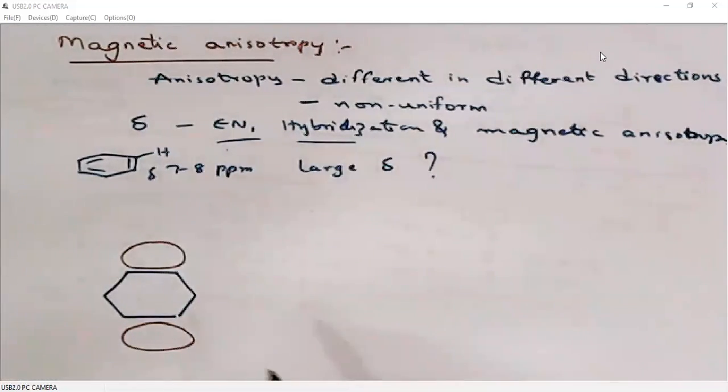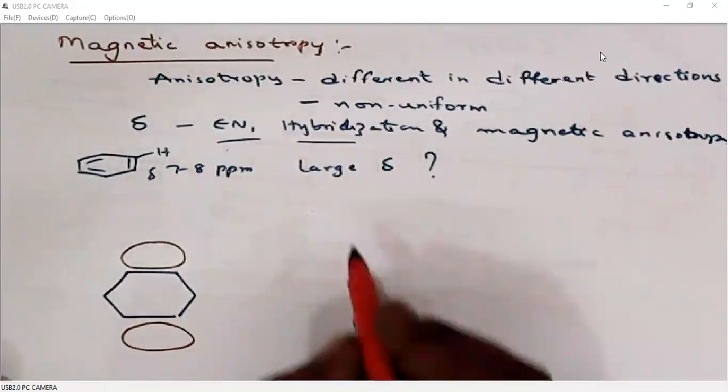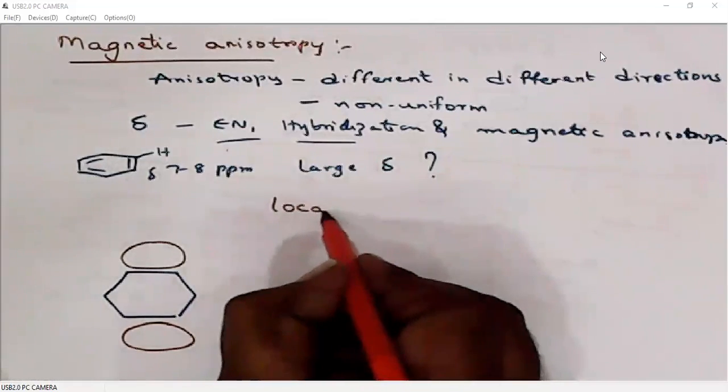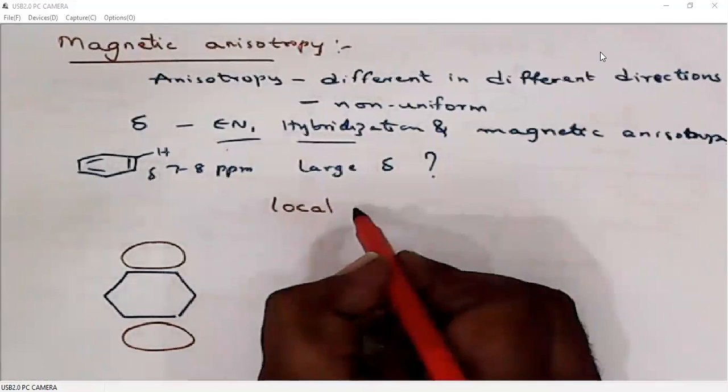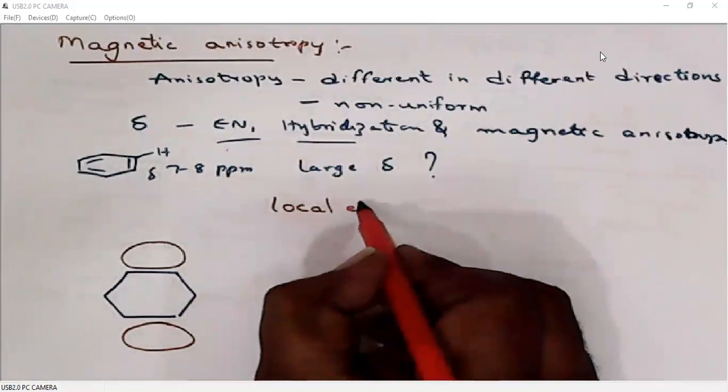That means these 6 pi electrons will be placed above the benzene ring and below the benzene ring. When we place the benzene molecule in a magnetic field, what will happen? These pi electrons will undergo circulation. Because of this circulation, they will generate a local current or local electric field.